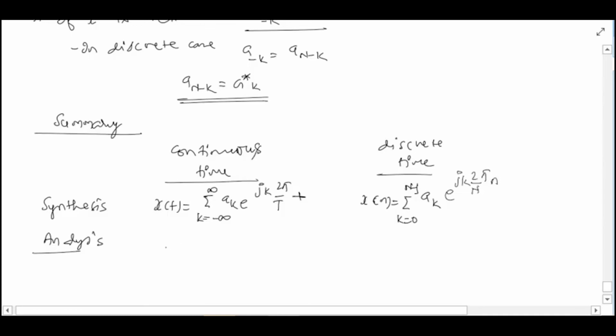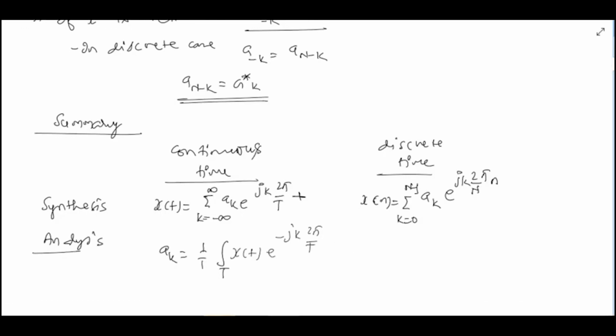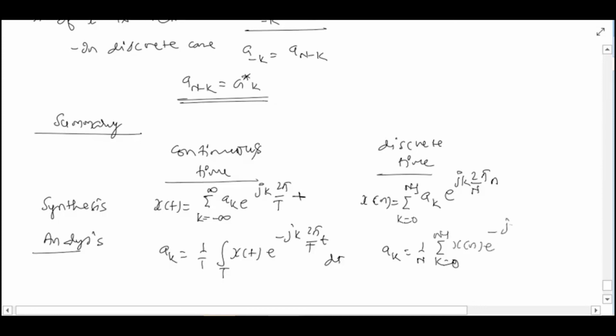As far as analysis equations go, they become a_k equals 1 over T integral over T x(t) e raised to minus j k 2 pi over T t dt, and in the discrete case the equation becomes a_k equals 1 over N, again sum over n equals 0 to N minus 1, x[n] e raised to minus j k 2 pi by N n.